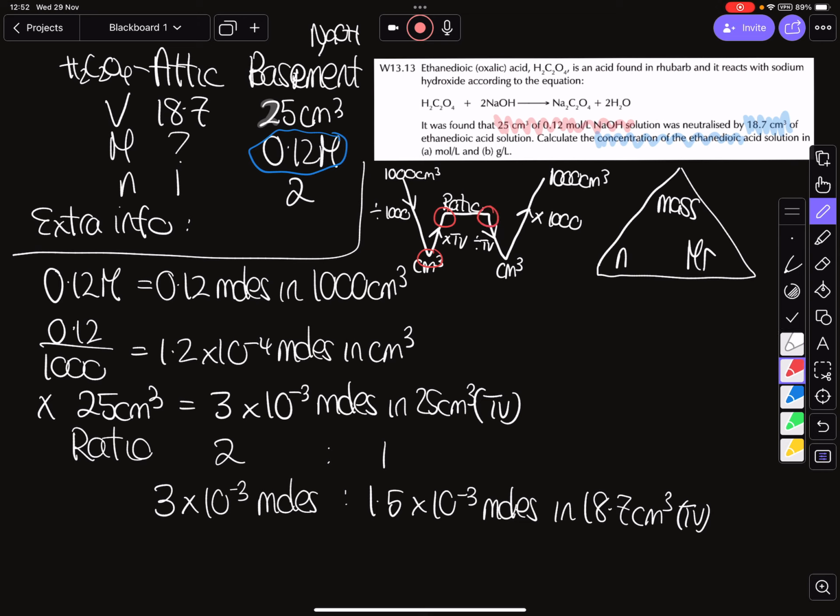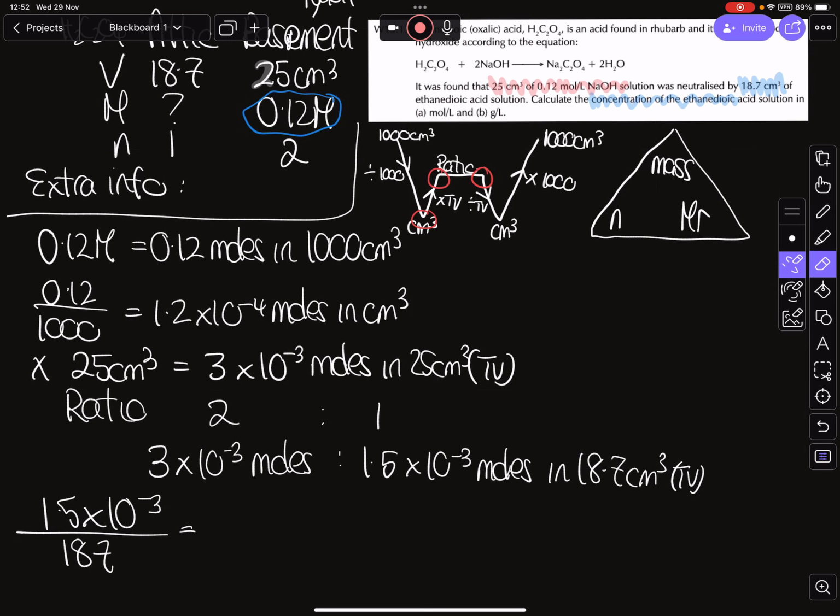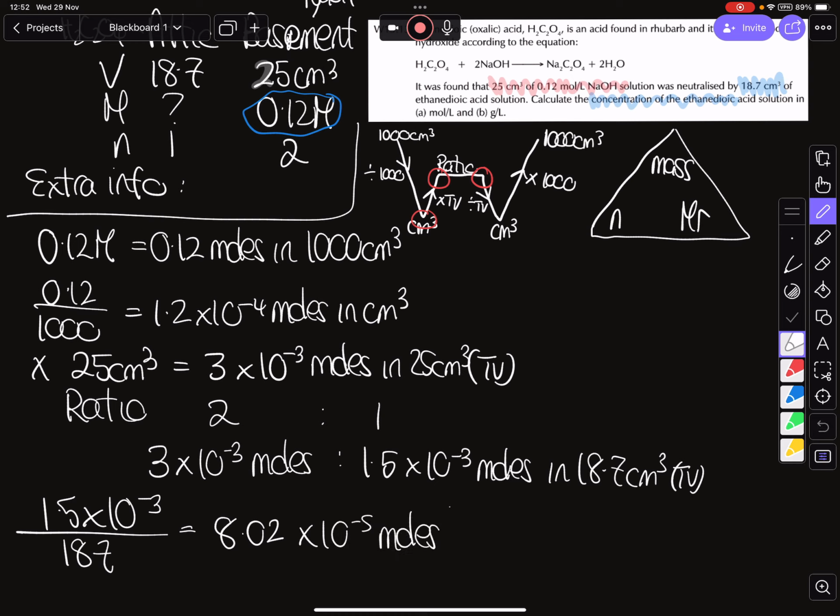Okay, so we've come across the flat part of our W. We now have to figure out how many moles there are going to be in 1.5 by 10 to the minus 3 divided by 18.7 to give us our moles in 1 centimetre cubed of this ethane dioic acid, or oxalic acid as the old school name was. So 8.02 by 10 to the minus 5 moles in a centimetre cubed.